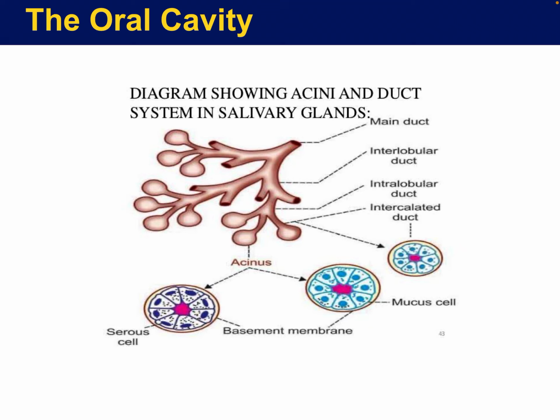Many intercalated ducts join together to form intralobular duct. Few intralobular ducts join to form interlobular ducts, which unite to form the main duct of the gland. A gland with this type of structure and duct system is called racemose type.